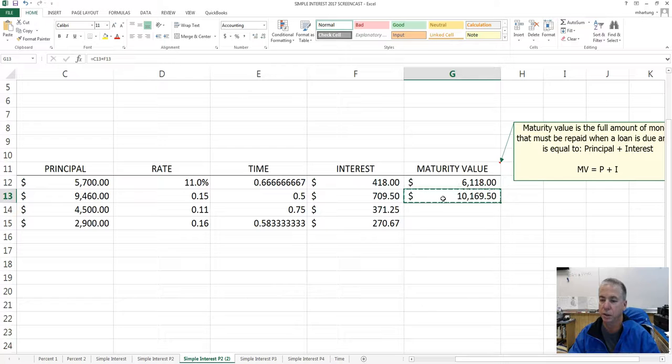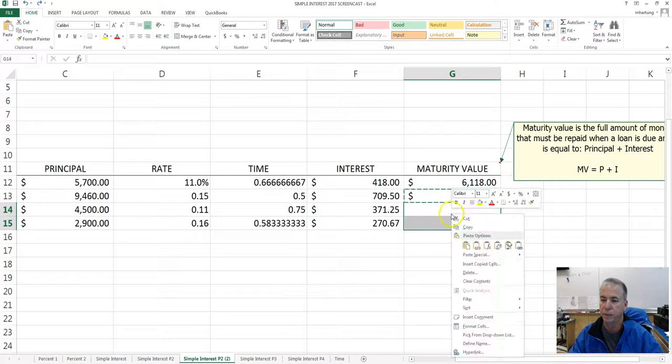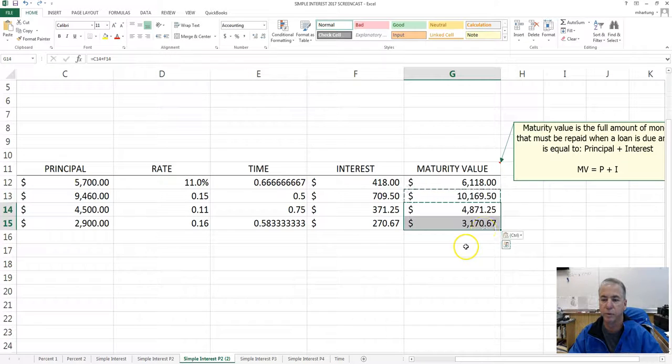Control C to copy, and then select where you would like to paste it. Control V. Or we could right-click, copy, select, paste, and I realize this is review, but practice is a good thing.